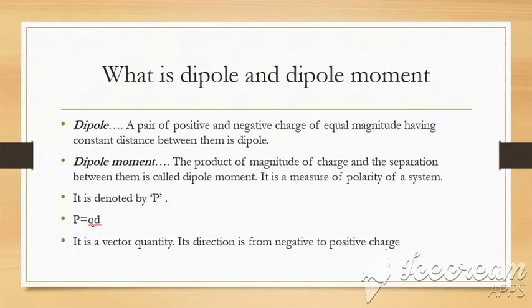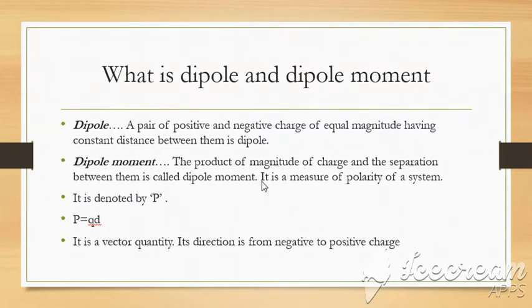The further quantity which is associated with dipole is dipole moment. It is a product of magnitude of the charges and the separation between them. I have just used the word magnitude of the charge. So this magnitude of the charge is directly linked with the polarity of the system.